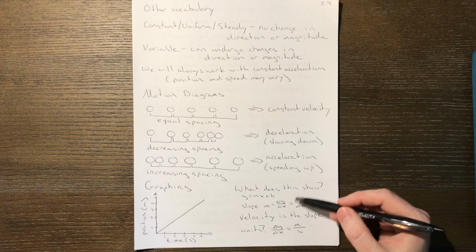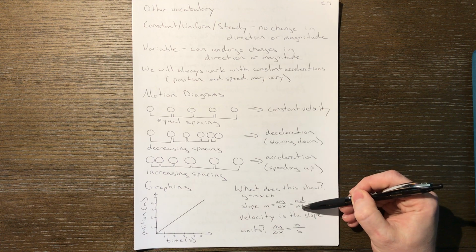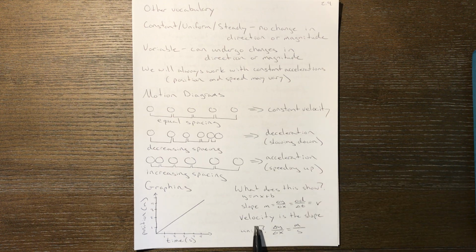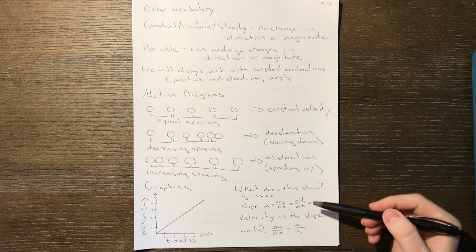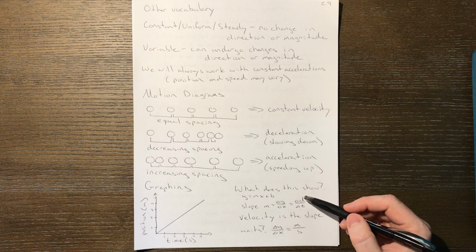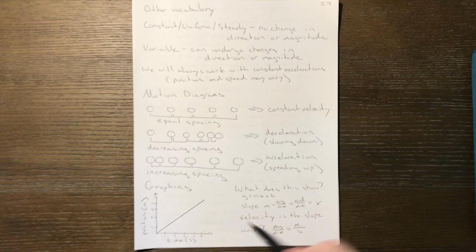Well, we've actually looked at this already, this chapter. Change in position over change in time, or displacement over time, gives us velocity. Velocity is the slope of this graph. Velocity is the slope of a position versus time graph. And if you didn't notice that from this definition chain of thought, you might notice it from the units. If we look at the units of our slope, change in y over change in x, the units of y are meters.